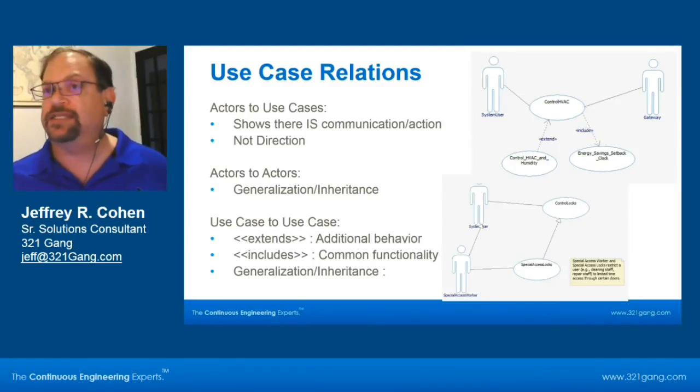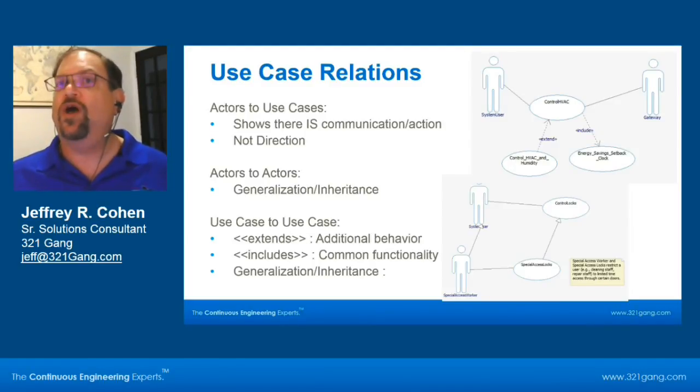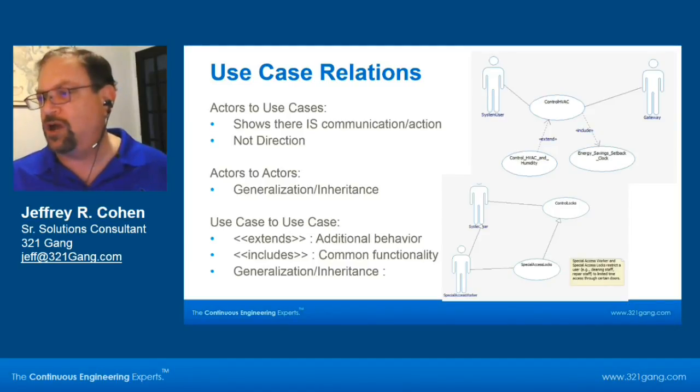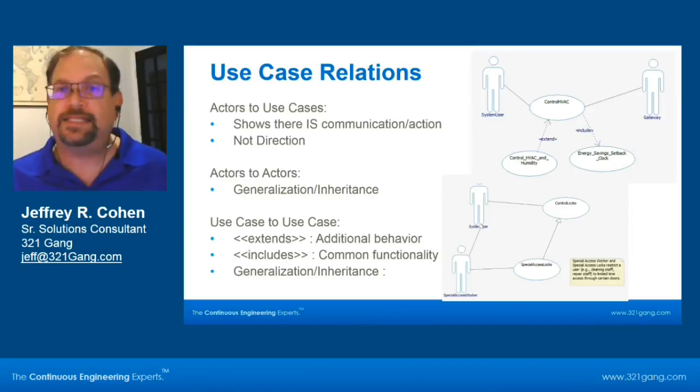But the main one is that it used to try to show the direction of interaction, and that got confused with who was calling and whatnot. So we've gone away and we just show the association here. It's non-directional, so the action itself and the response can go either way.